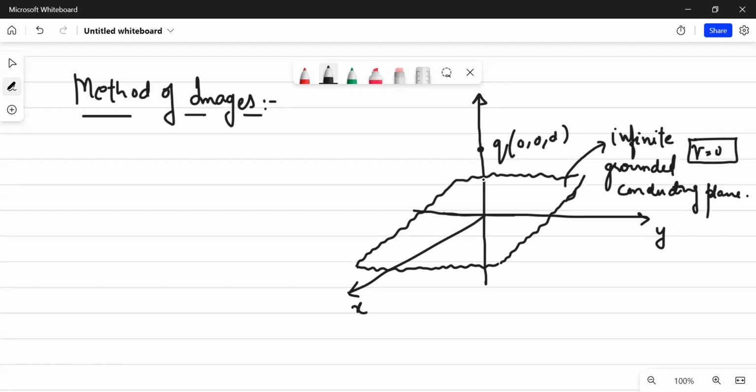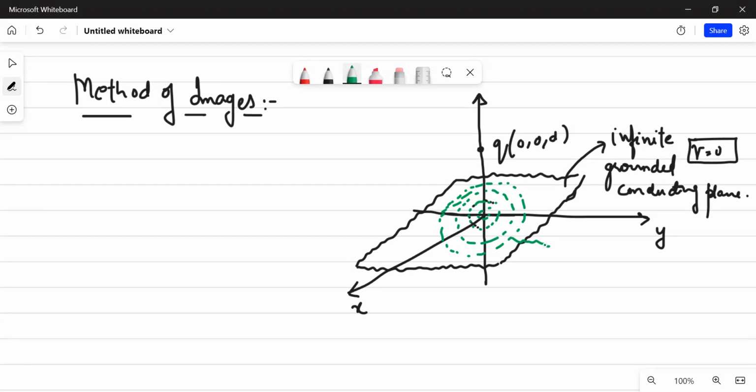Now one should understand that since this is a conducting plane and here there's a charge, obviously there would be some induced charges. And the worst part is that if I need to find the force on this charge q, I should be in a position to understand the distribution of these induced charges. Are you getting my point?